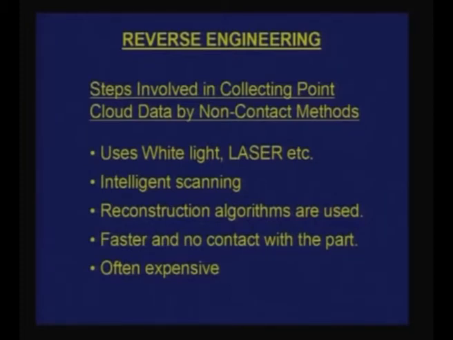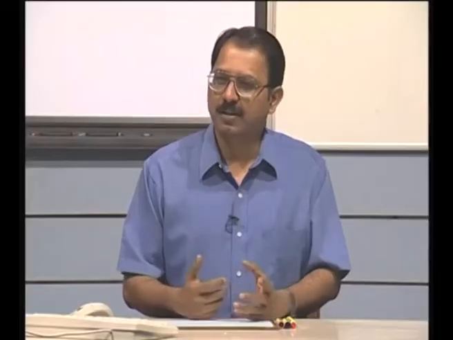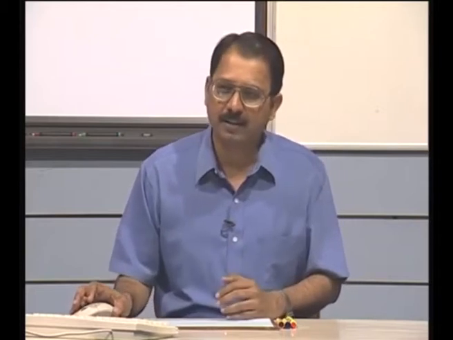In those situations, non-contact methods are found to have an advantage. Often the method is expensive because these scanners are quite expensive. If I want good resolution or accuracy in scanning, then one has to spend a lot of money to buy these scanners.